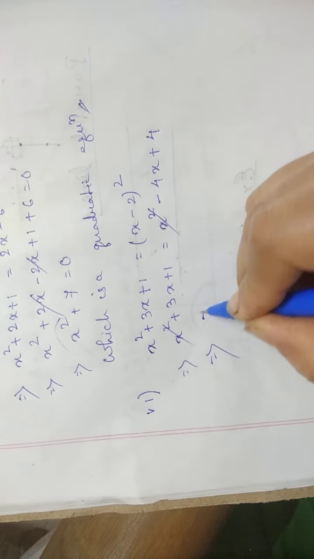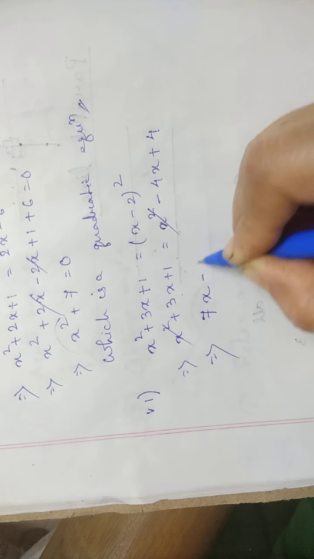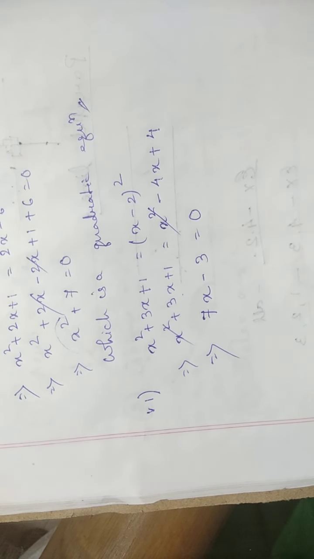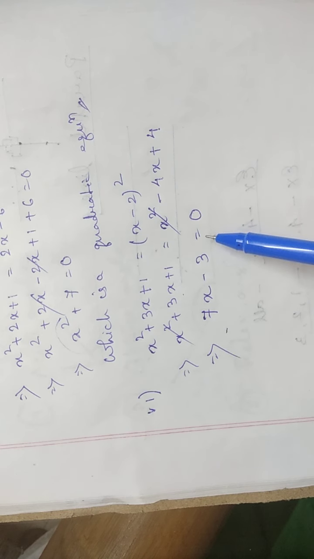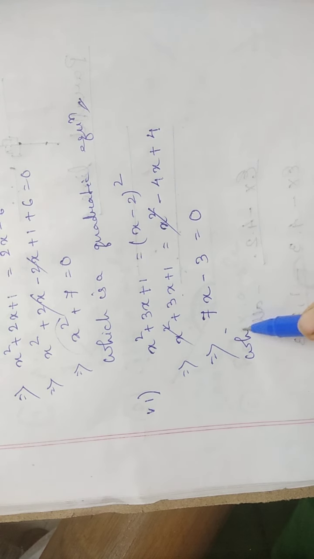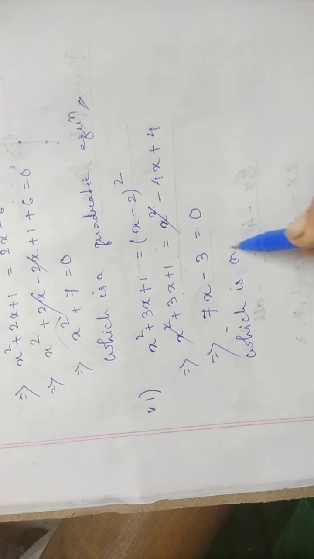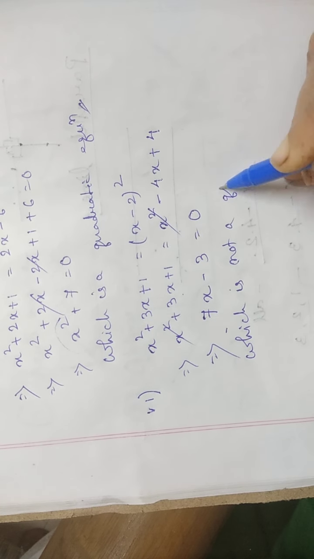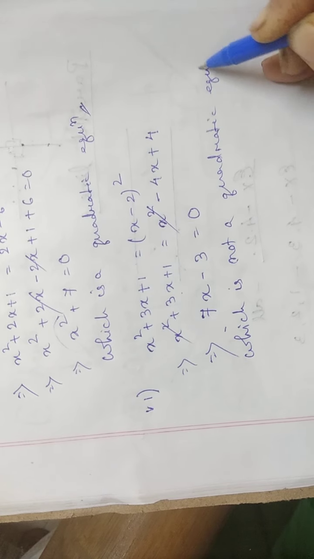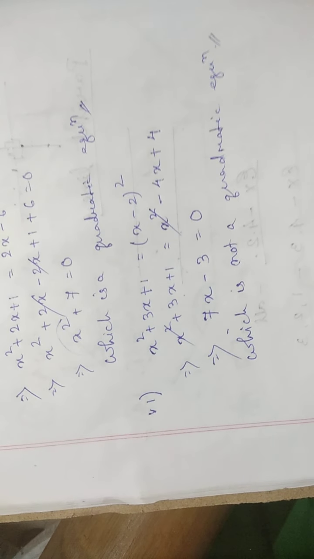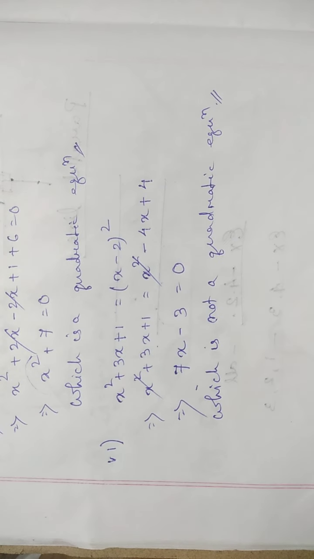It will be 7x minus 3 equal to 0. Now see here, there is no term for x square. So which is not a quadratic equation. Okay. So like that you can check which one is a quadratic equation and which one not.